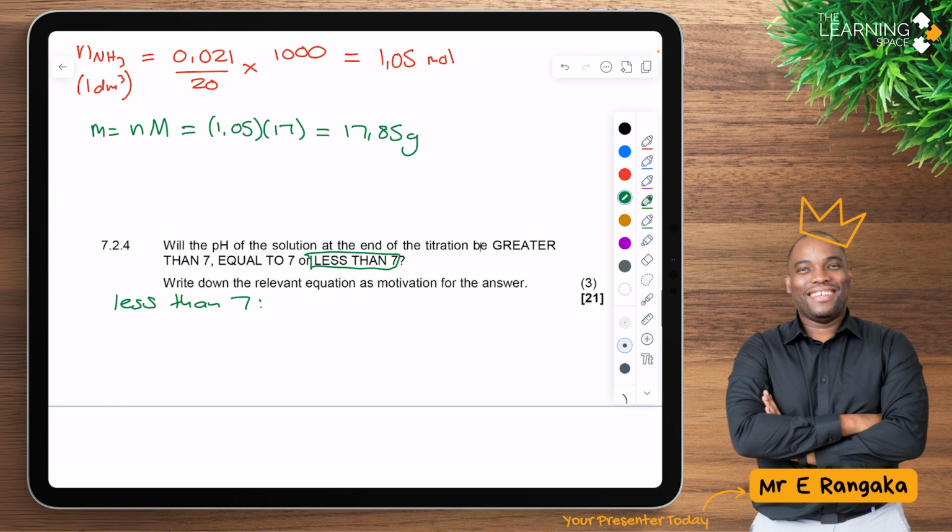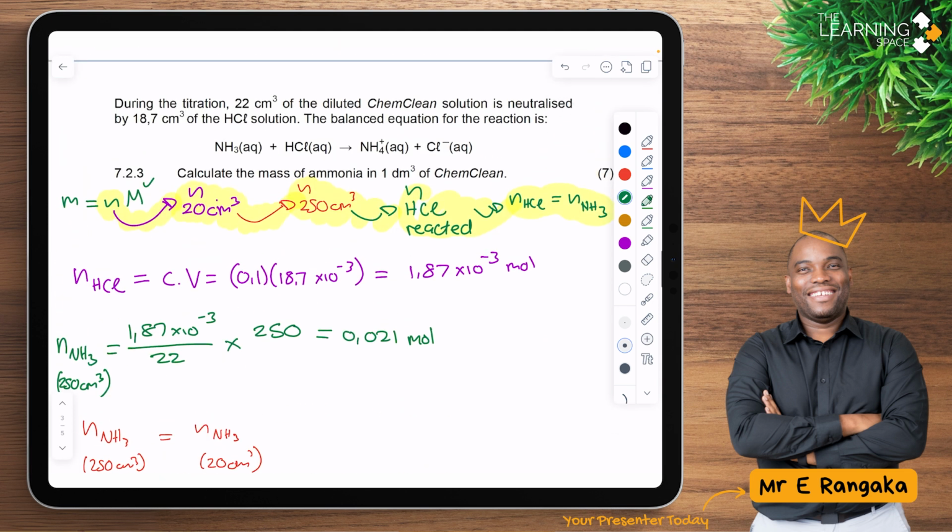So for the motivation, what we'll see in the original equation is that we produced NH4, right? The NH4 comes from our weak base. Remember, a weak base will have a conjugate acid that is fairly strong, which will react again.